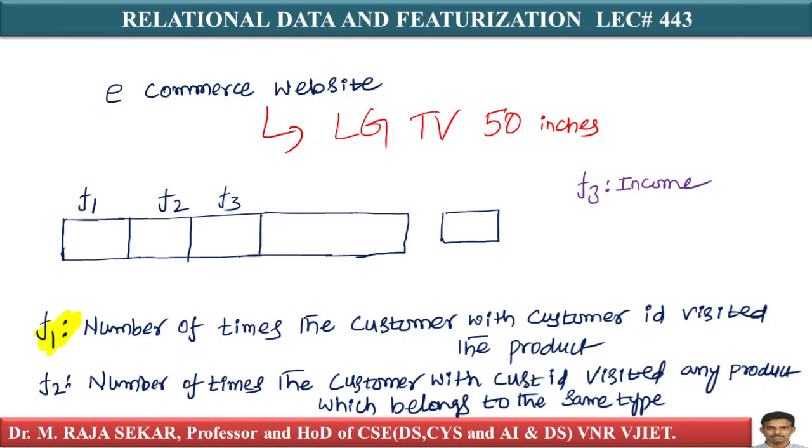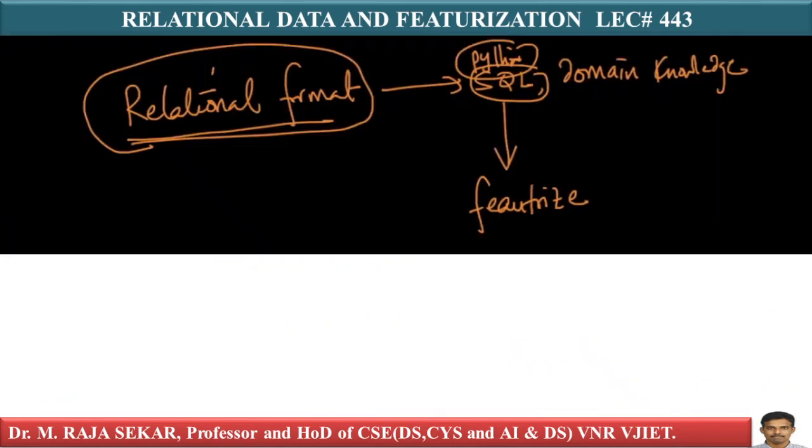Again, this is very problem specific. This is just a flavor of what relational data is. You can use SQL for featurization. If you have data in the relational format, either you can use a Python script or SQL for featurization. As I told you, it is again domain specific.